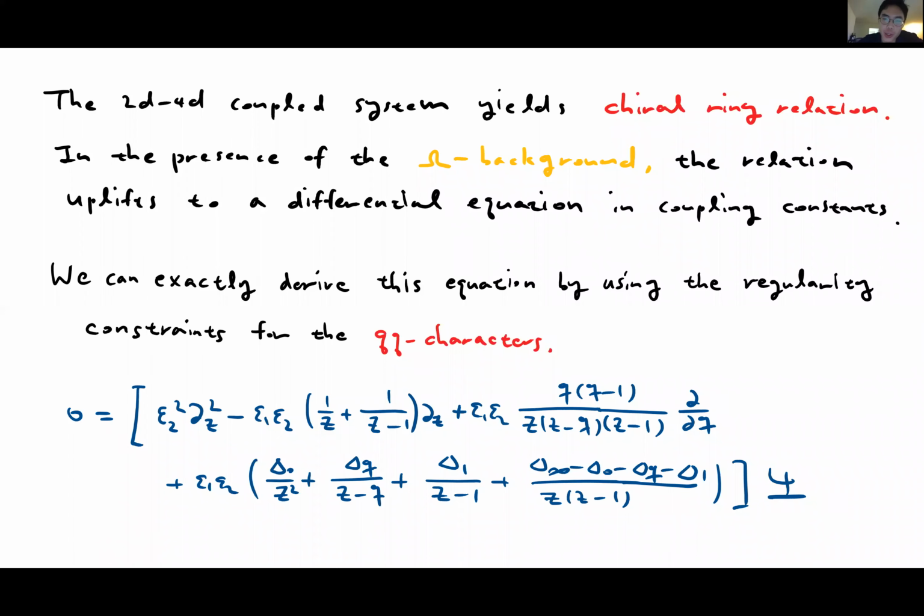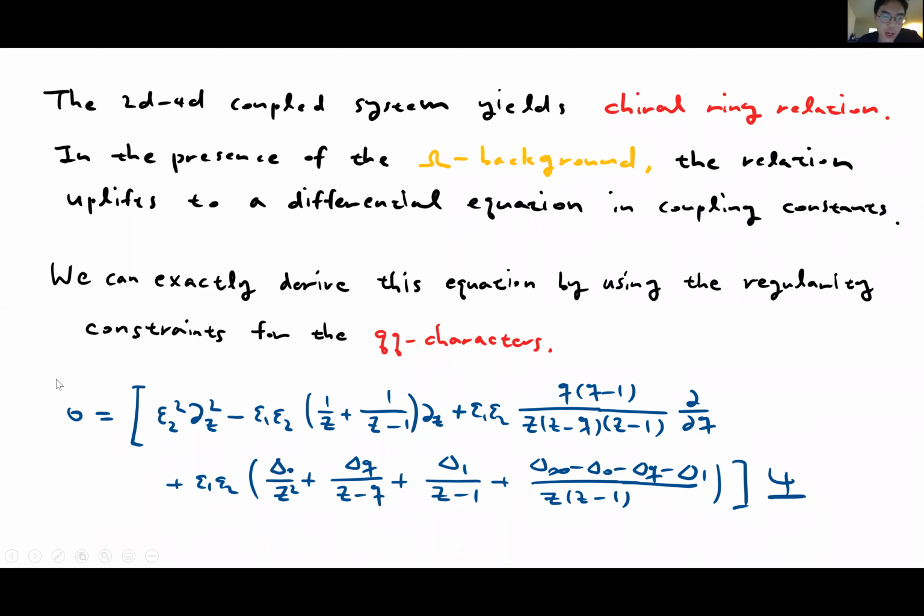Okay, so I will not show the explicit derivation of this differential equation, but I'll just state that we can exactly derive this equation by using certain properties of a nice observable in 4D gauge theory called the Higgs character. This part is a bit technical, so I just state the result here.